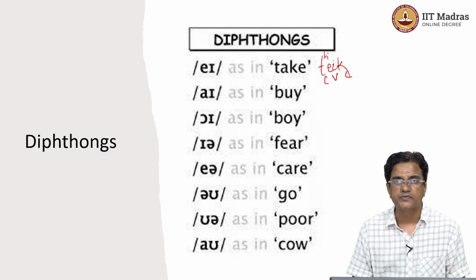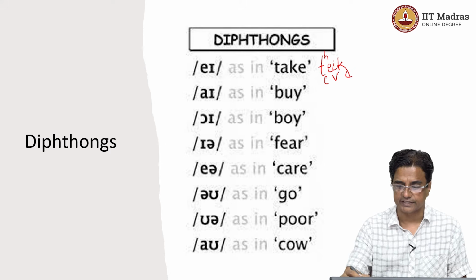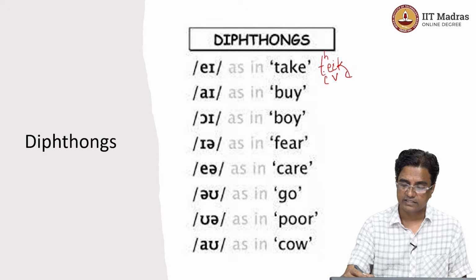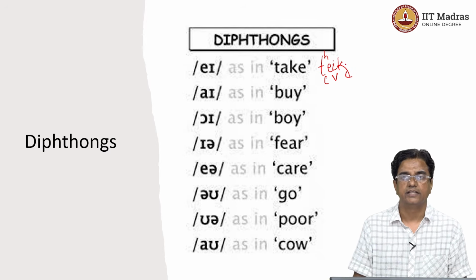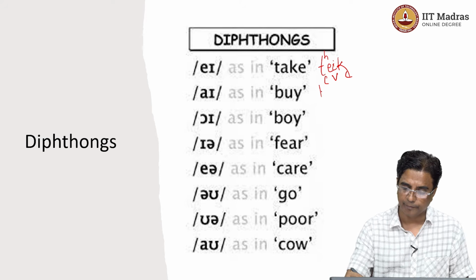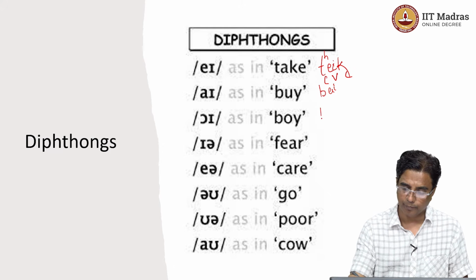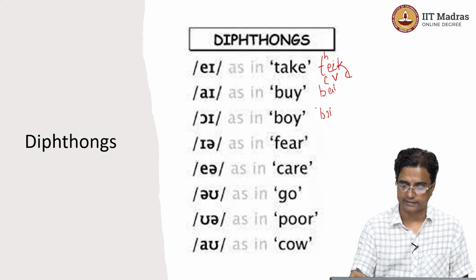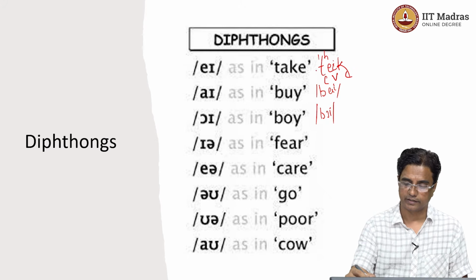So it's pronounced as take. Three sounds in this word: ta, e, and a, and ka. Take. Buy, you have ba, I, buy. Boy, ba, or, and e. This is the phonetic transcription of boy.